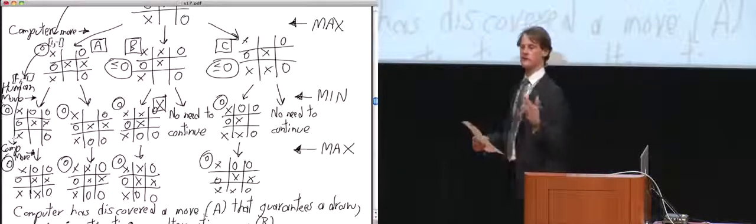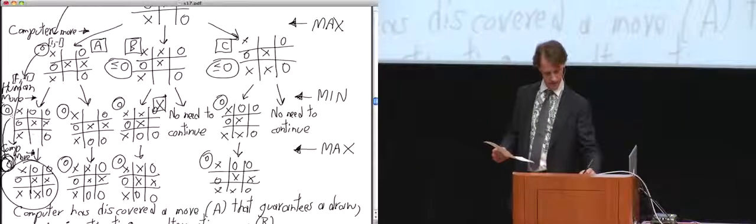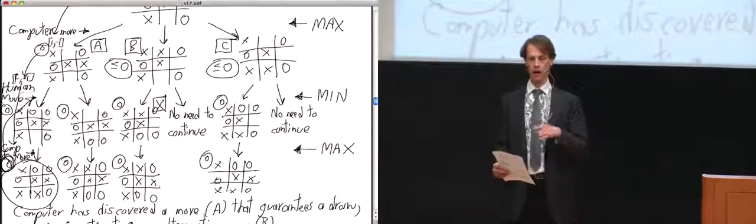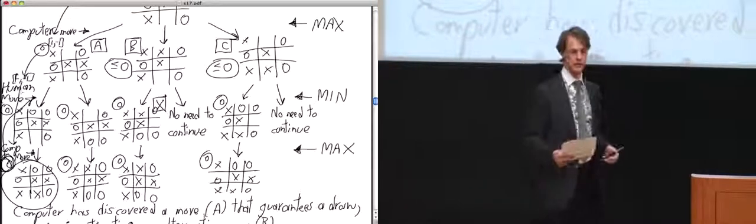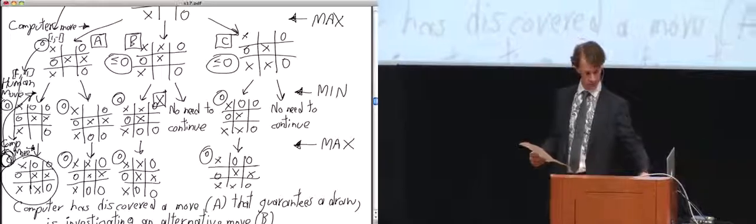But when a value gets returned by a child grid, for instance, when this child grid here returns a 0 to the parent, that return value modifies either alpha or beta, depending on whether it's the computer's turn or the human's turn.